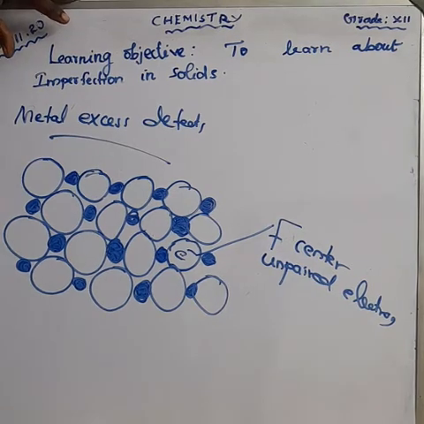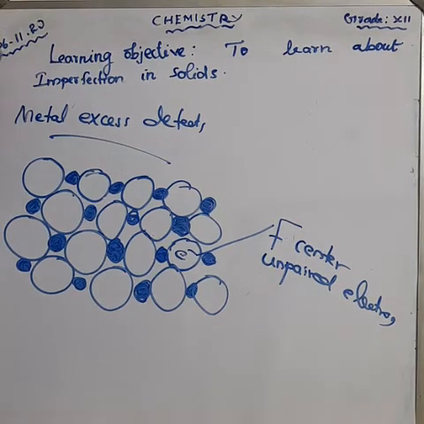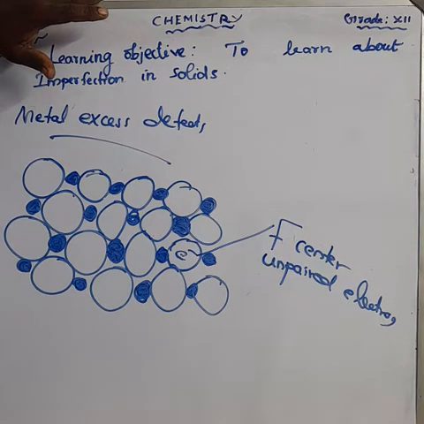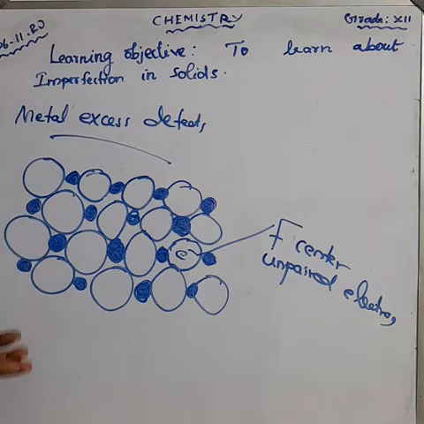For example, take an NaCl crystal. The sodium chloride crystals are heated in the presence of sodium vapor. Here Na plus ions are increasingly forming.